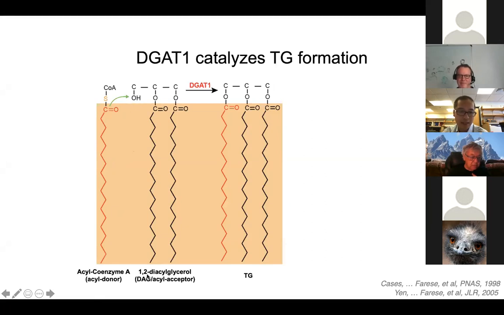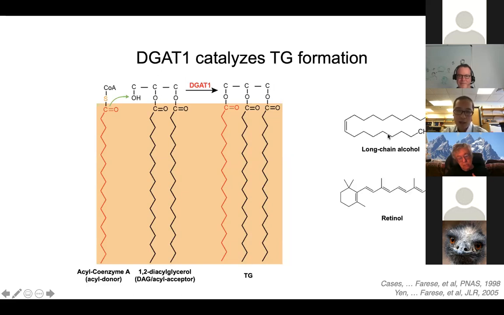Here is the DAG, okay? And by reforming this ester bond, it generates TG. And interestingly, besides DAG, DGAT1 can also recognize other acyl acceptors, for example, long-chain alcohol as well as retinol, to form waxes and retinol esters.